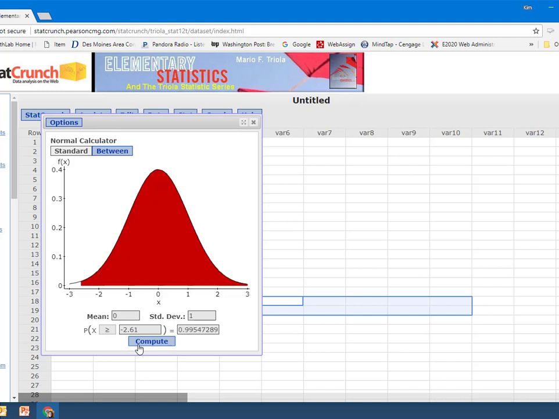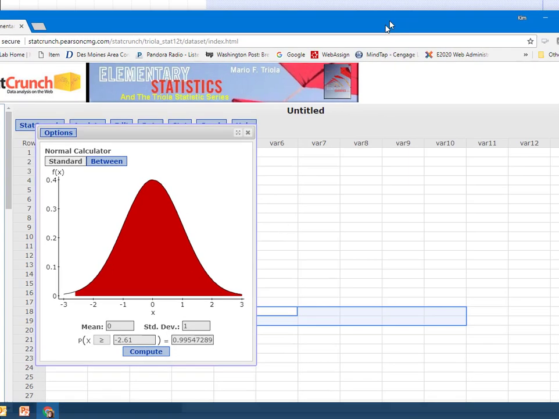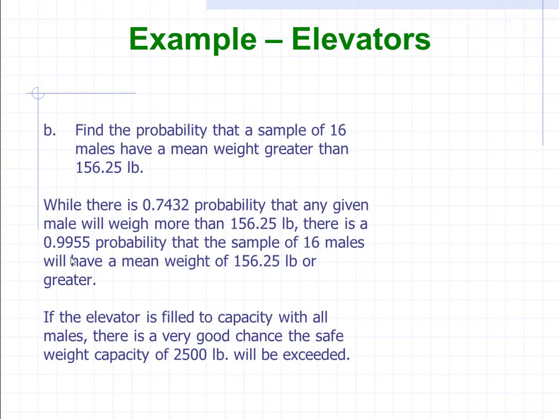When I compute the probability of getting a mean of more than negative 2.61, it's 99.55% of the time. There is a 99.55% probability that a sample of 16 males will have a mean weight of 156.25 or more. So in other words, there's a very good chance that the safe weight capacity of 2,500 pounds will be exceeded.